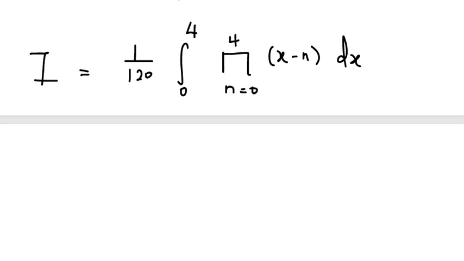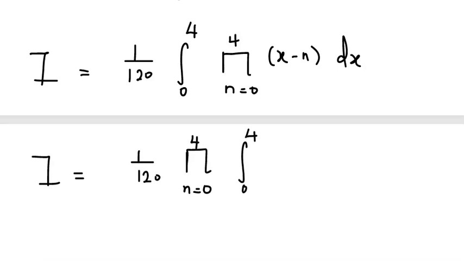If n is equal to 1, we get x minus 1, and remember that that is a product, right? So now we can write 1 over 120, then a product as n goes from 0 to 4, and then we're going to integrate from 0 to 4 this x minus n, and then we have our dx.